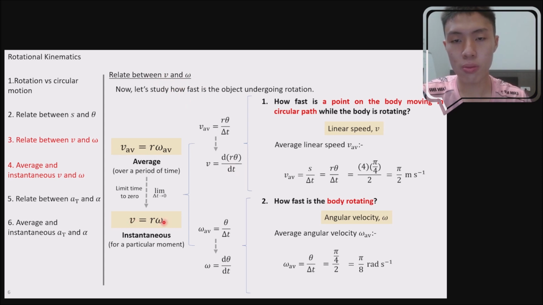V equals r omega, and we can see that all these equations have an average form for a period of time and also an instantaneous form for a particular moment.